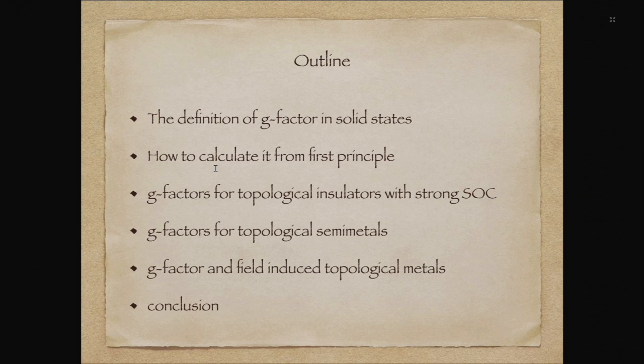Before this group meeting, I saw the G factor as just some number determined by experimental measurement, which can differ from material to material, but I didn't think much about the physics behind it.